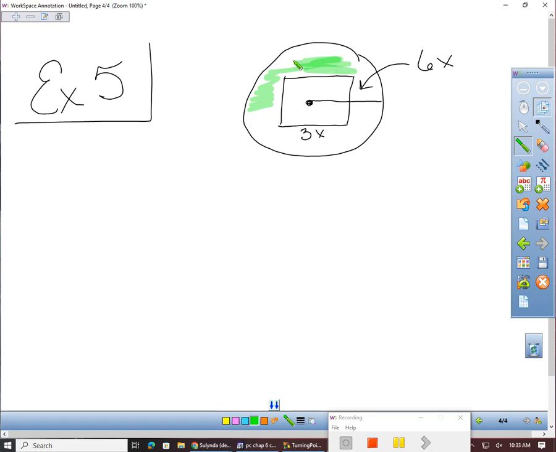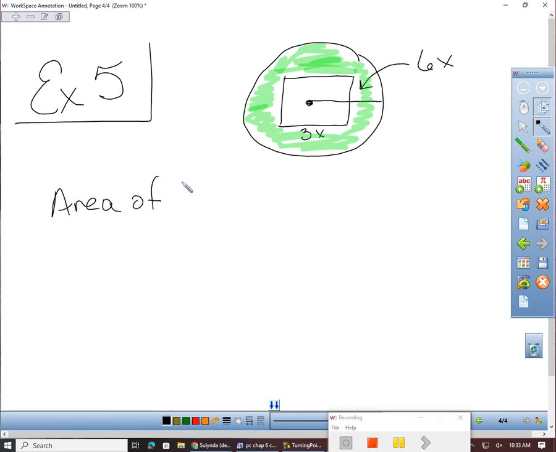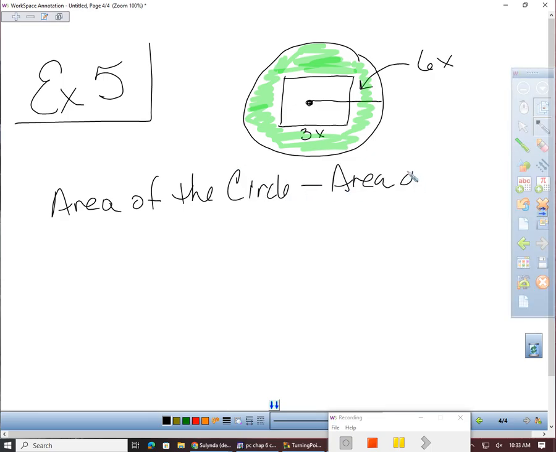I want to know what is the area of the green border. To find that area, we are going to do the area of the circle minus the area of the square. Take the outside minus the inside.